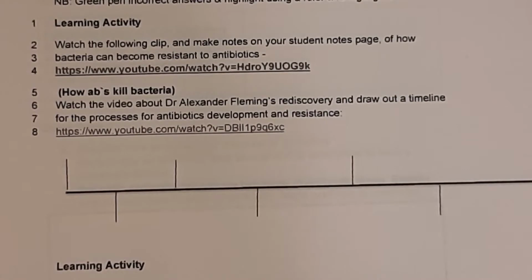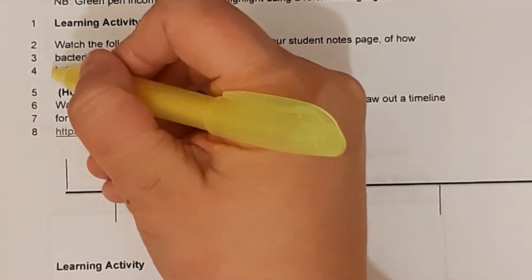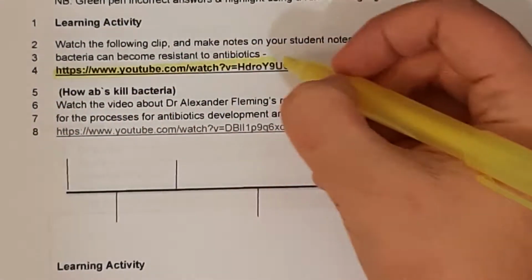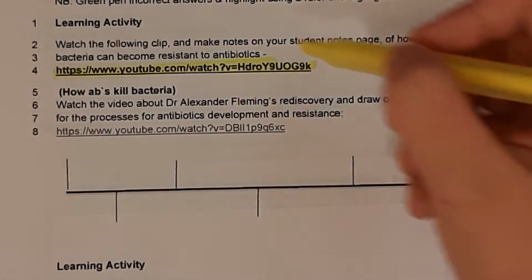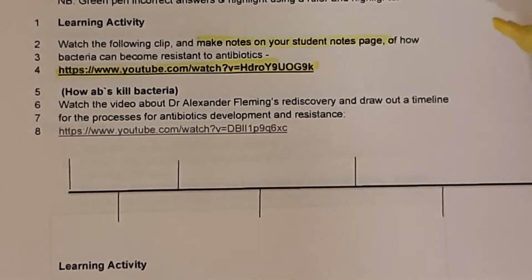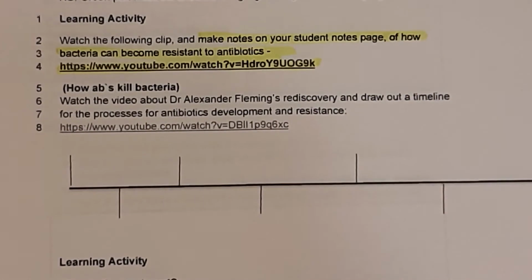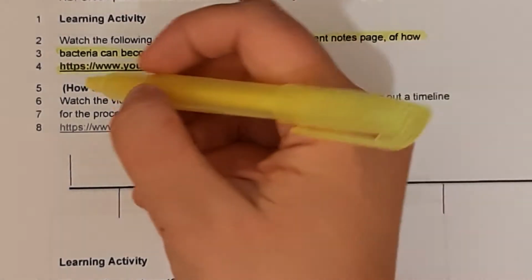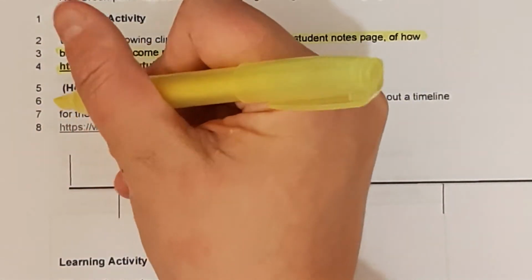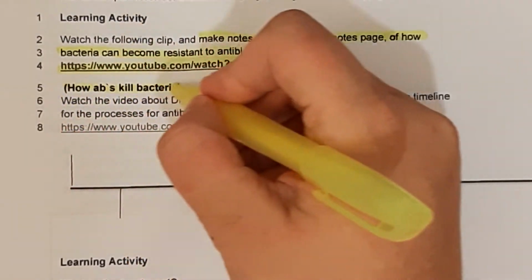So your next task is to watch this video clip here on YouTube and make some notes on the student notes page about how bacteria can become resistant to antibiotics. Whether you do it on your notes page or on a pad of paper, wherever, there is another video about how antibiotics kill bacteria. It's the actual process behind how they work.